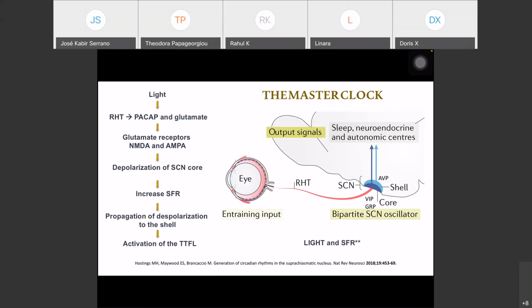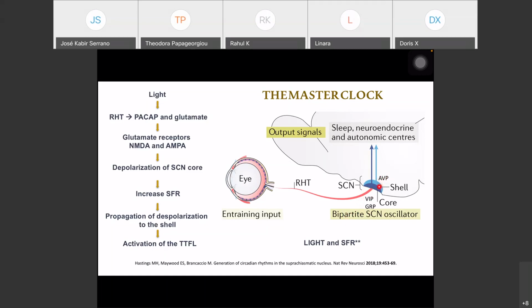And we can divide the suprachiasmatic nucleus into two components: a core and a shell subregion on the basis of retinal efferent connectivity and expression of various neuropeptides, with vasoactive intestinal peptide and gastrin-releasing peptide in the retinoreceptive core of the suprachiasmatic nucleus, and arginine vasopressin in the shell.